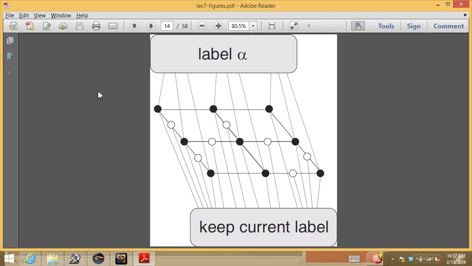The details of how you set up the alpha expansion problem are a little tedious, in the sense that I introduce a couple of extra nodes, these white dots, at every step. Those white dots are introduced between pixels that originally had different labels. It's not hard to set up these intermediate problems, but there is a bit of machinery to do it. All the details of how you set up the alpha expansion problem are in the appendix of the book.